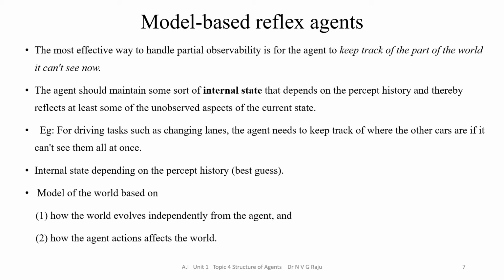For example, for driving tasks such as changing lanes, the agent needs to keep track of where the other cars are if it cannot see them all at once. The internal state depends on the percept history. The model of the world is based on two characteristics: how the world evolves independently from the agent, and how the agent's actions affect the world.